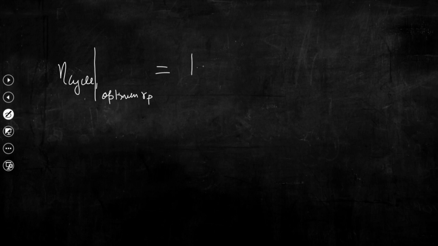So, cycle efficiency for optimum Rp equal to 1 minus 1 upon Rp optimum power (gamma minus 1) upon gamma.